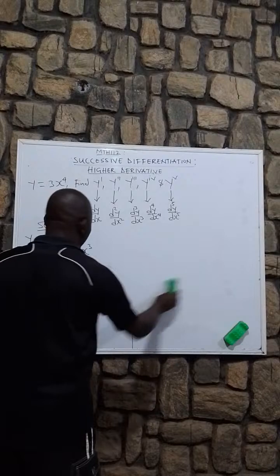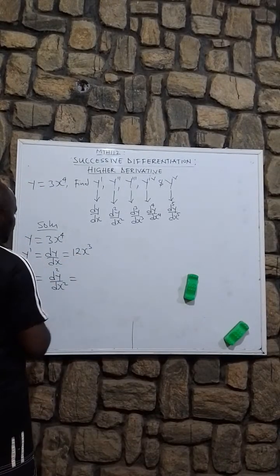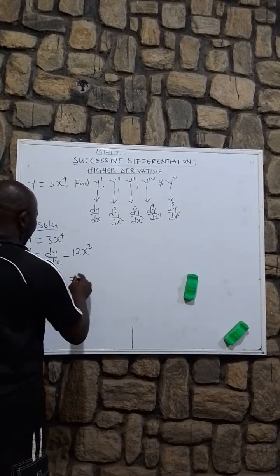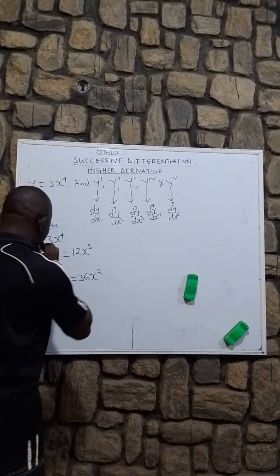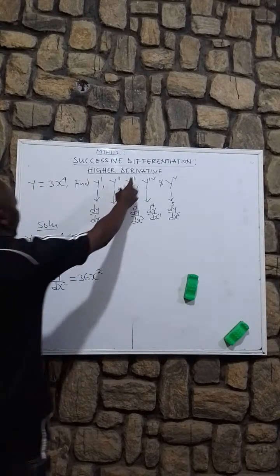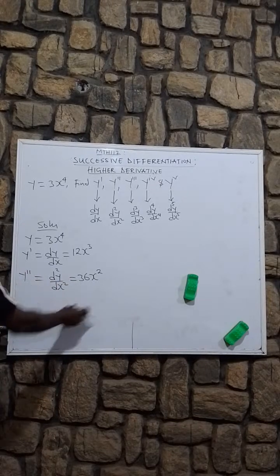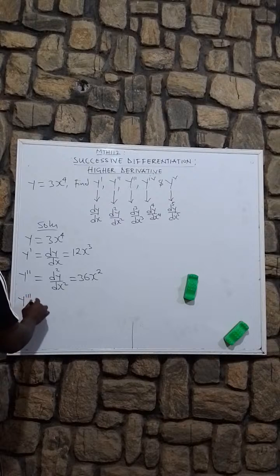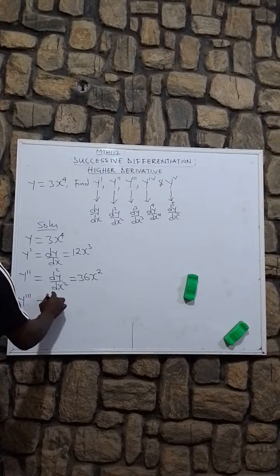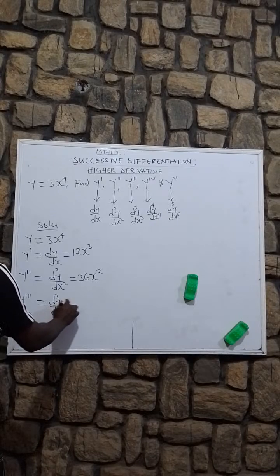So what we need to do is use this to multiply this, so you are going to have 36x raised to the power of 2. Then let us obtain y triple prime. It means you are going to differentiate y double prime to obtain y triple prime, which is the same thing as d cubed y over dx cubed.